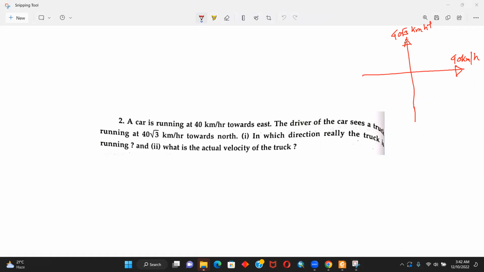Now the 40 root 3 is not the actual velocity of the truck. It is what the car driver feels like. It's the relative velocity of the truck with respect to the car driver. Okay.